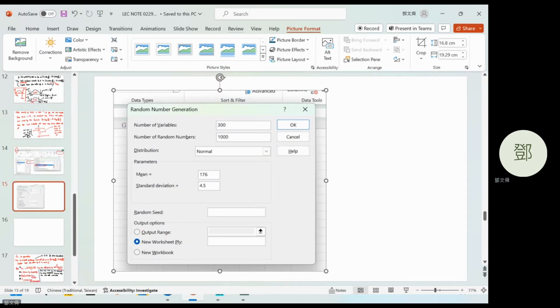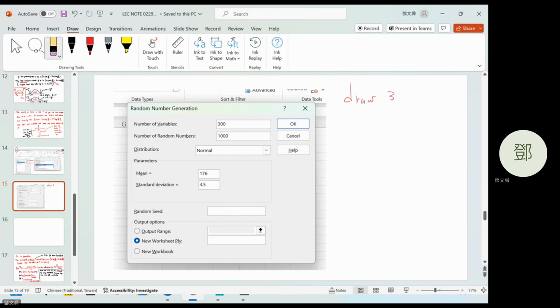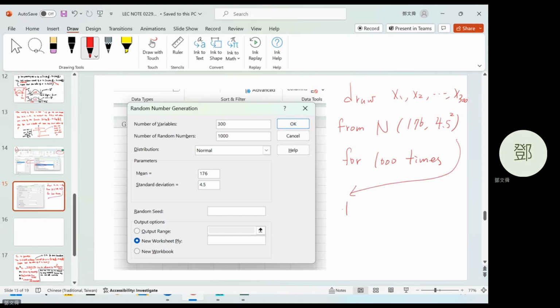Draw x1, x2, all the way to x300 from a normal distribution with mean 176, the mean height of TKU boy students, and variance 4.5 squared, 1,000 times. And this is the population of TKU boy students' heights.